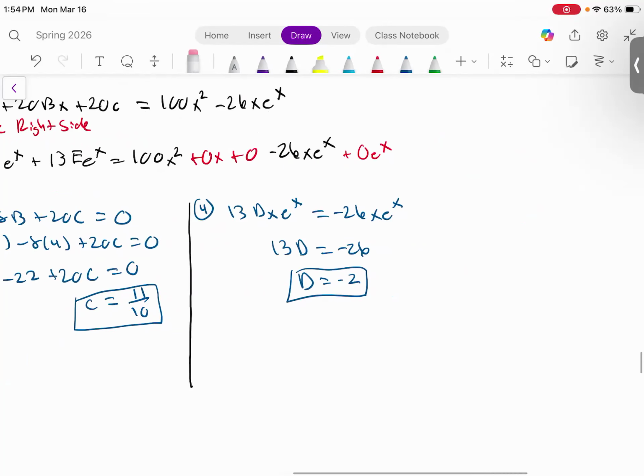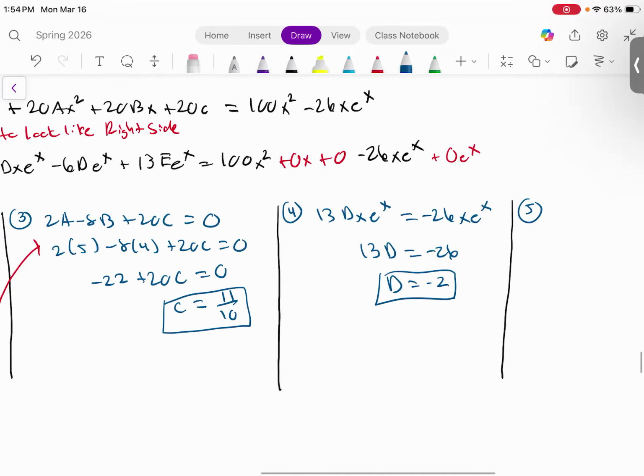All right, our last equation, equation 5, would pertain to just the exponential constant term. So it would be just this negative 6d e to the x and 13e e to the x, and it would relate to just this e to the x 0 placeholder.